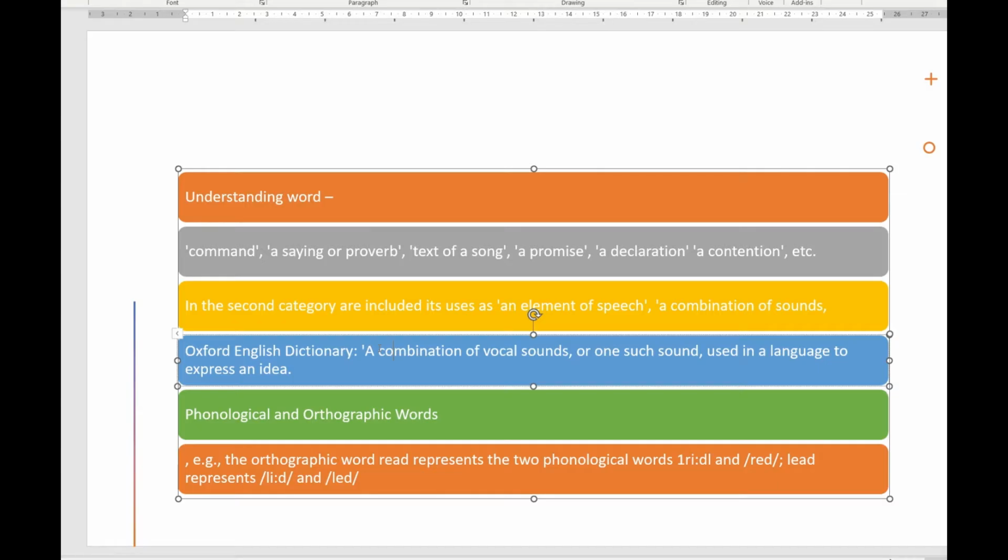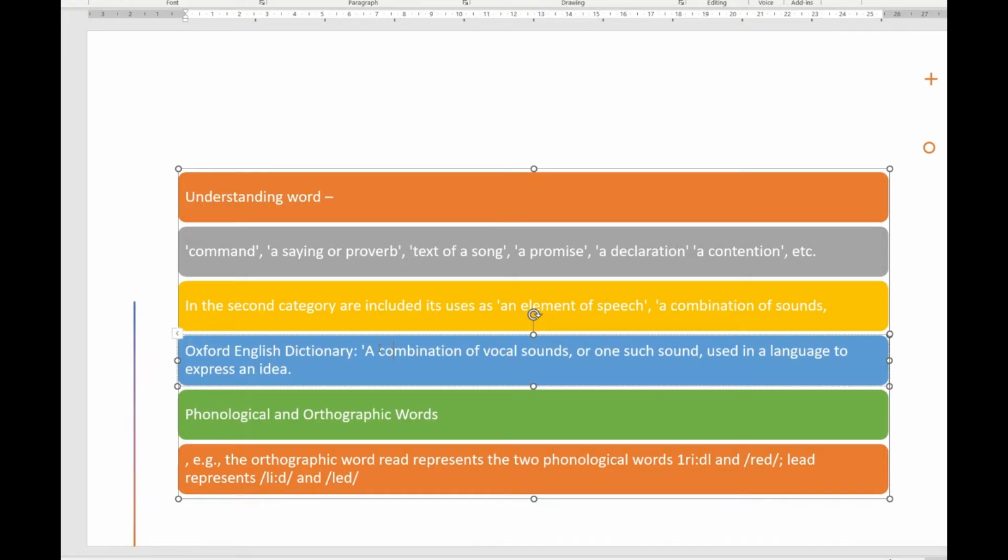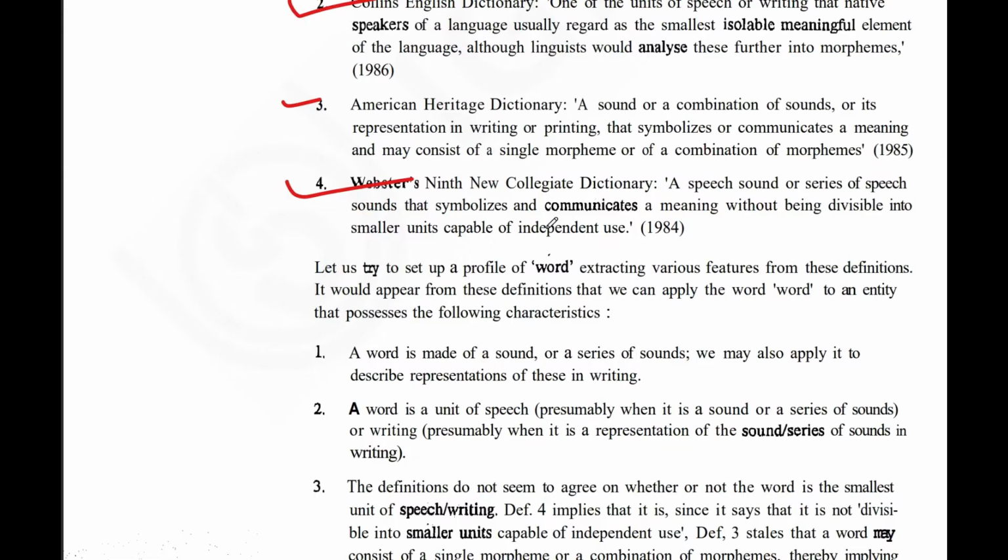So of course it is a combination of vocal sounds or one such sound. Not always a combination, because when I say the or a, they also mean something. So it could be either one sound or a combination of vocal sounds. Both are possible. They are used in a language to express an idea. As soon as I say girl or pearl, you can create a girl in your imagination, or you can see a pearl in your imagination.